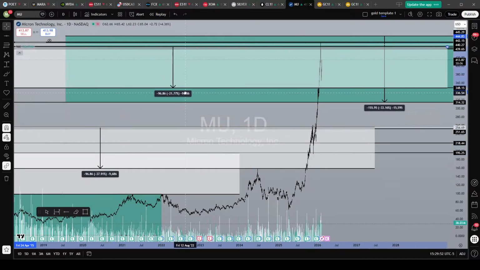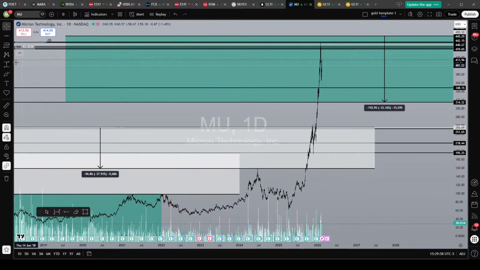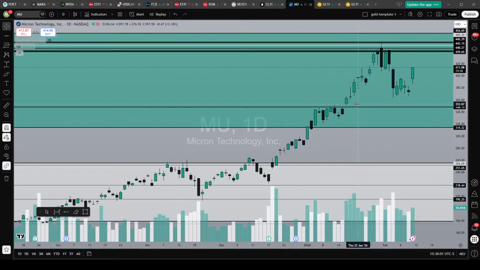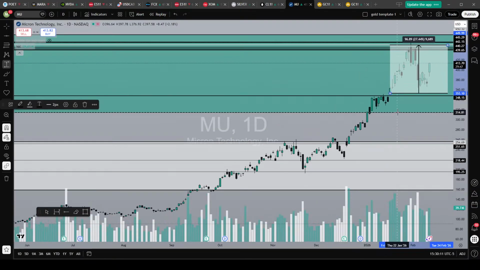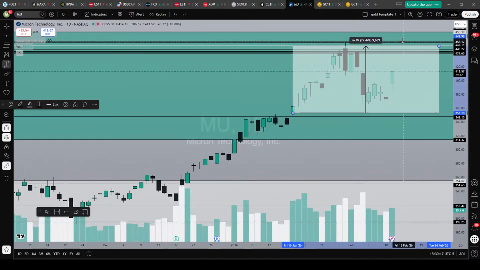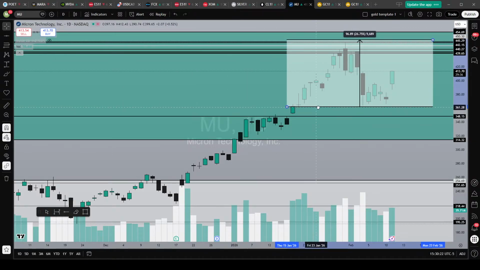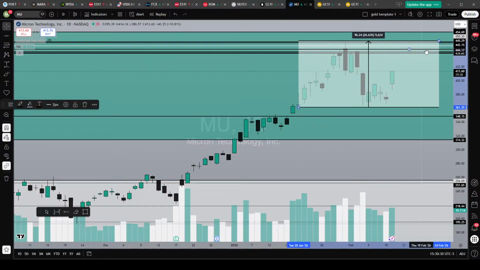this range in here. And you could also measure, so what is that, 96.86? If you measured maybe from the actual structure breaks that took place, so maybe from here. Okay, do you see that? What is it, 96.86? Pretty close. So kind of in this area in here, off these structural lows.